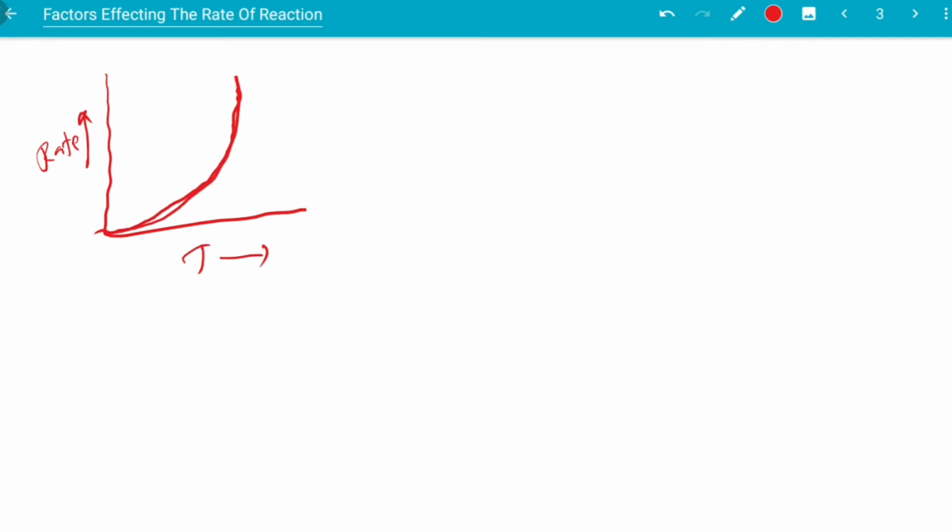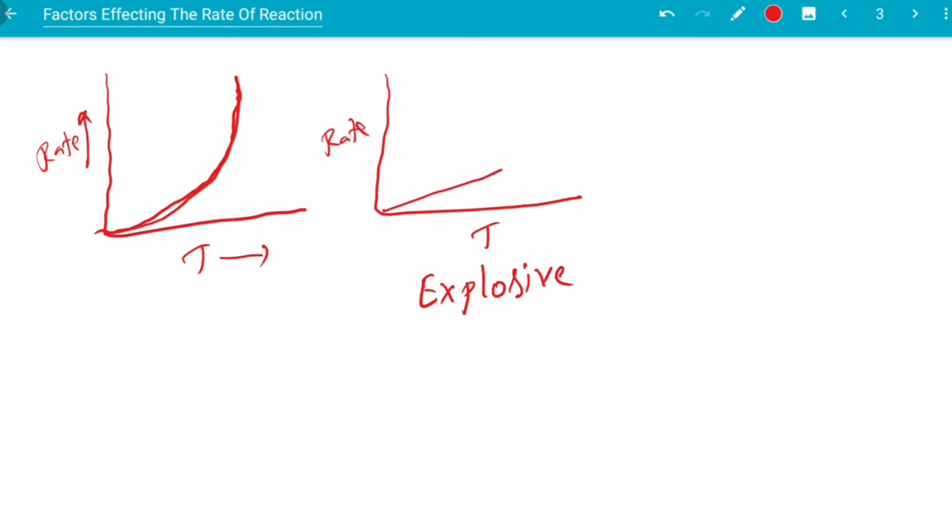In explosive cases, here is the rate and here is the temperature. In bomb explosive cases, we observe a curve like this, with a sudden increase in rate of reaction.